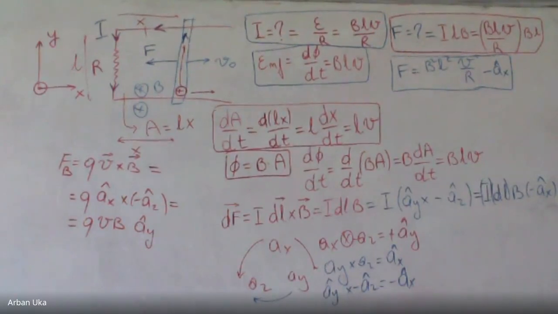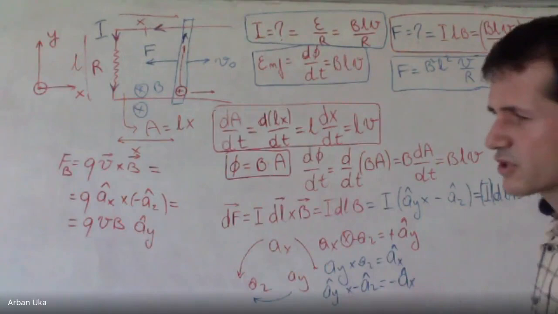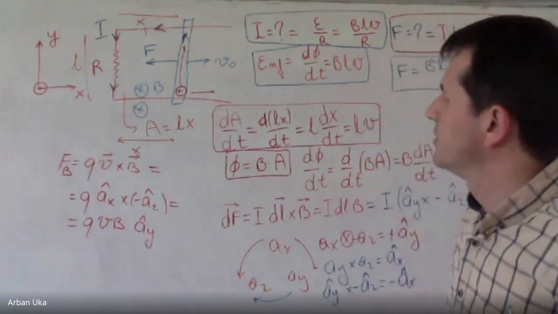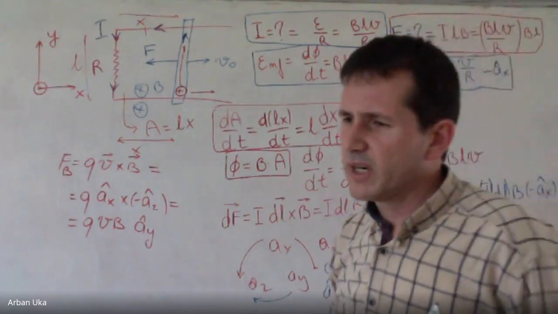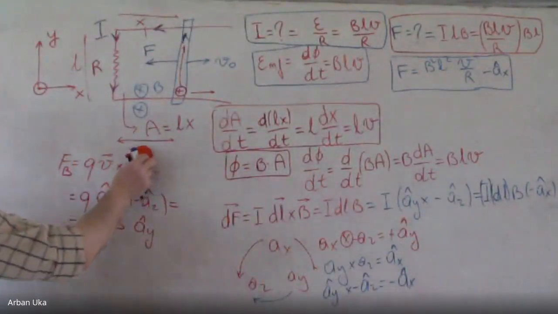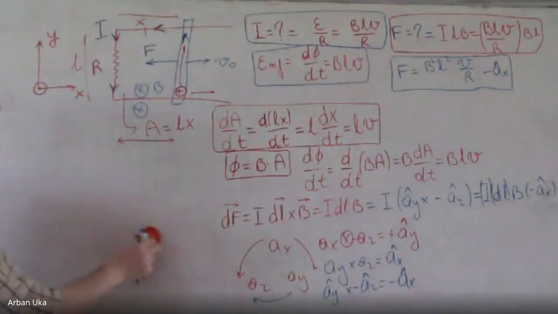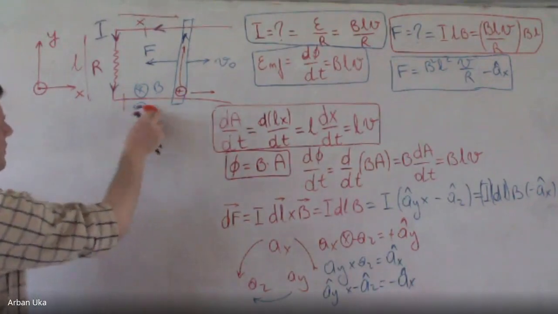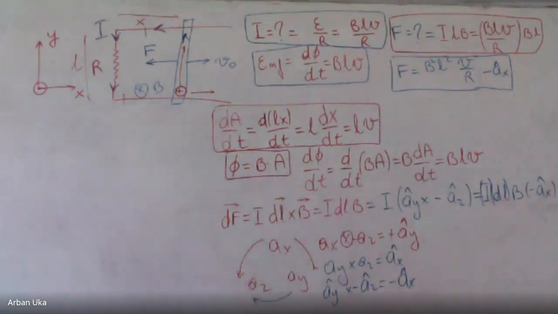Okay, that's good. Now that we found the force, the next question can be the following. What is the velocity of the bar as a function of time? To find the velocity of the bar as a function of time, we need to remove this one and write Newton's second law, and that one is this.